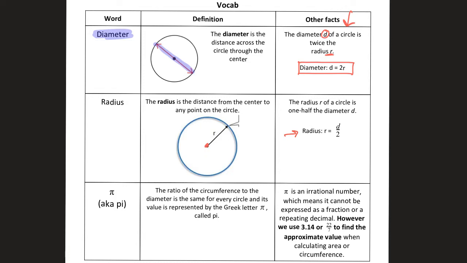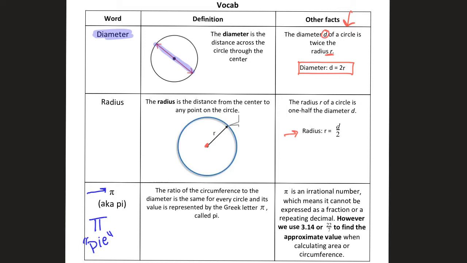Okay? And then another special thing about circles is they have to do with this symbol pi. So it looks like this. That's one way to draw it. It's pronounced pi, like P-I-E. Okay? And it's a Greek letter. It's just a symbol that represents a number. Okay?